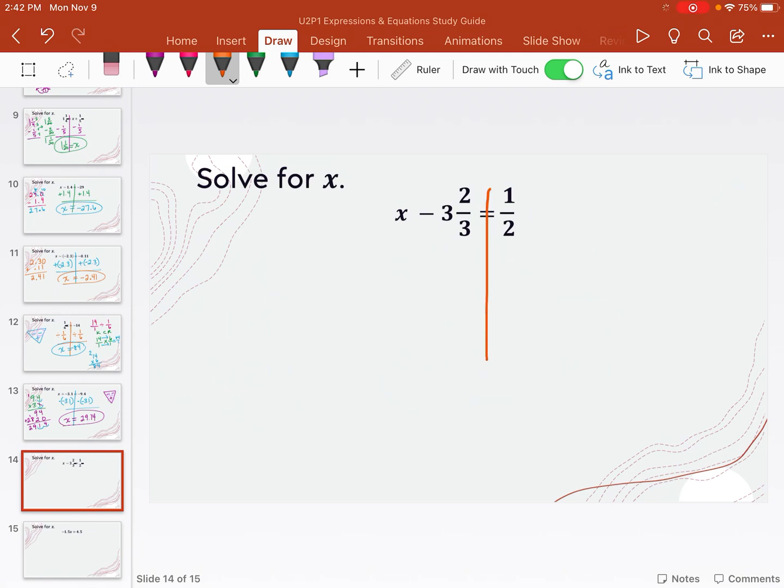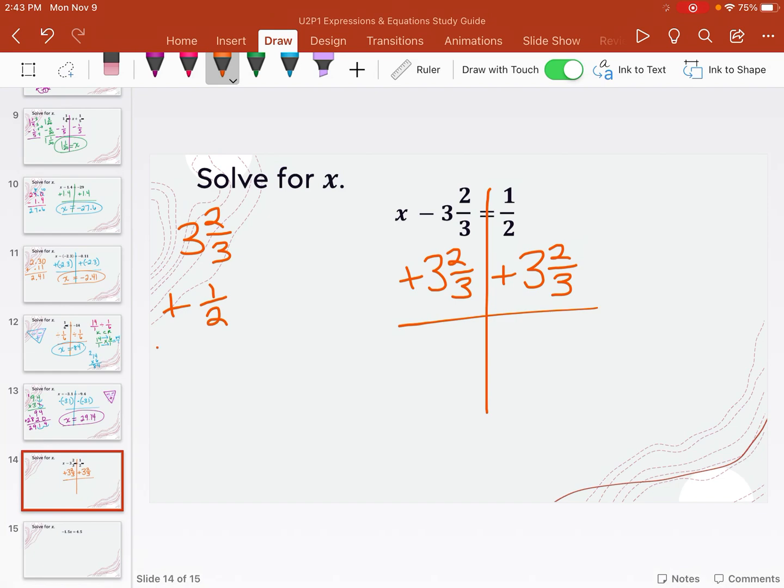Okay. This is subtraction, so I'll be adding 3 2/3, adding 3 2/3. So 3 2/3 plus 1/2. We are going to need to make some common denominators. I'm going to make these into sixths.